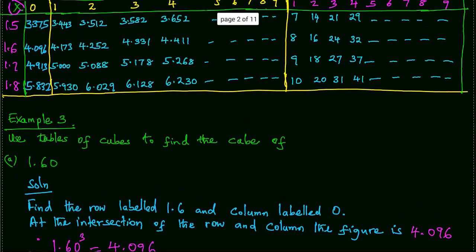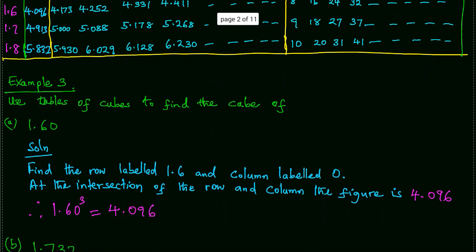So for example, we want to use a table of cubes to find the cube of 1.60. Here we look at the row labeled 1.6. That is here.